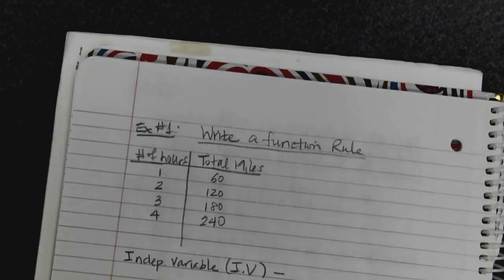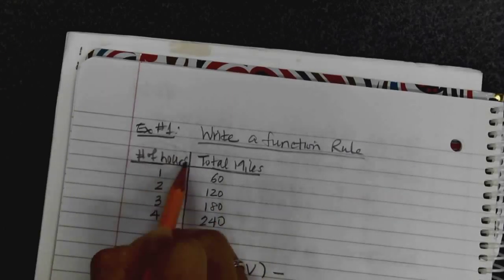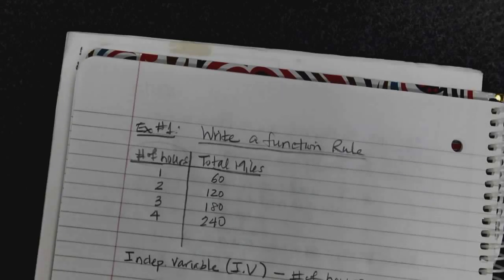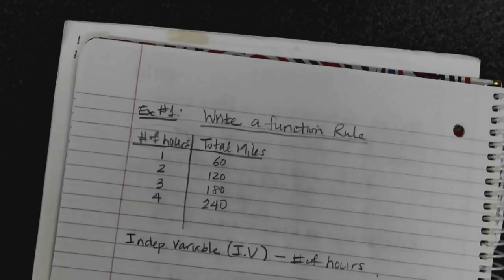Total miles? No? Number of hours. Number of hours, right here. This right here is your independent variable. Number of hours. Okay? My dependent variable, and I'm going to use DV, and Autumn says total miles. Total miles.